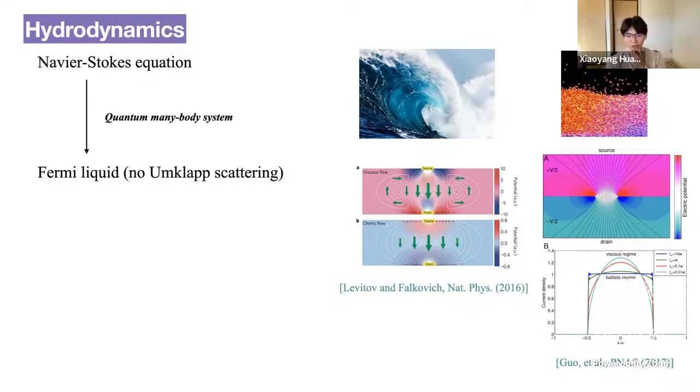So here is some theory work done with respect to this kind of hydrodynamic flow in certain condensed matter materials. For example, the first setup is a narrow channel where you can insert a jet of current from the top and drive it to the bottom.